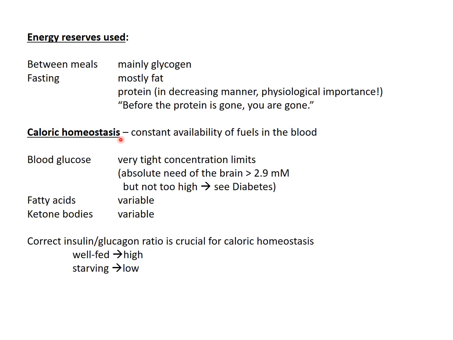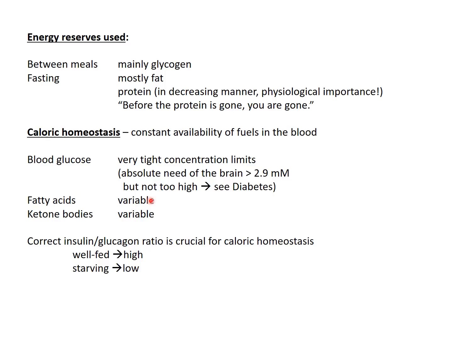So how did we ensure caloric homeostasis, which means constant availability of the fuels for every cell in the blood? Blood glucose is one of the sources which has very tight concentration limits. It cannot be too high or too low.